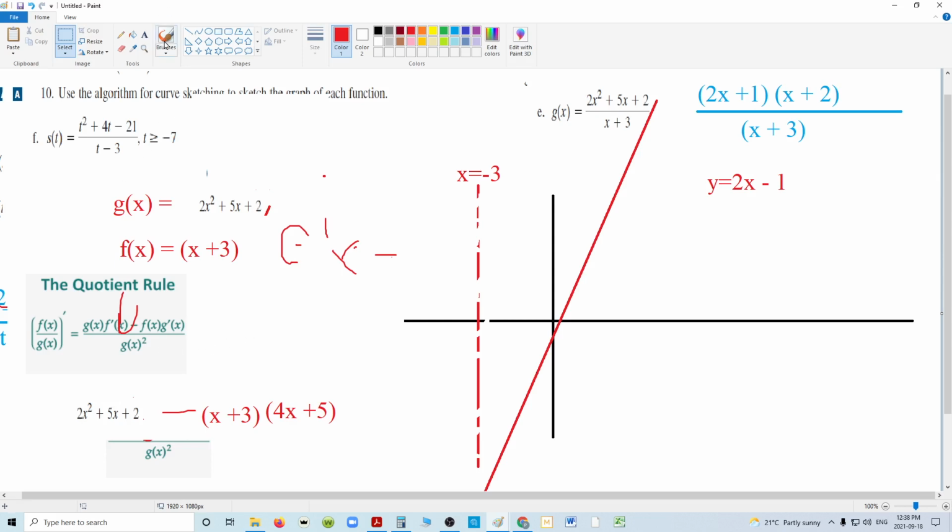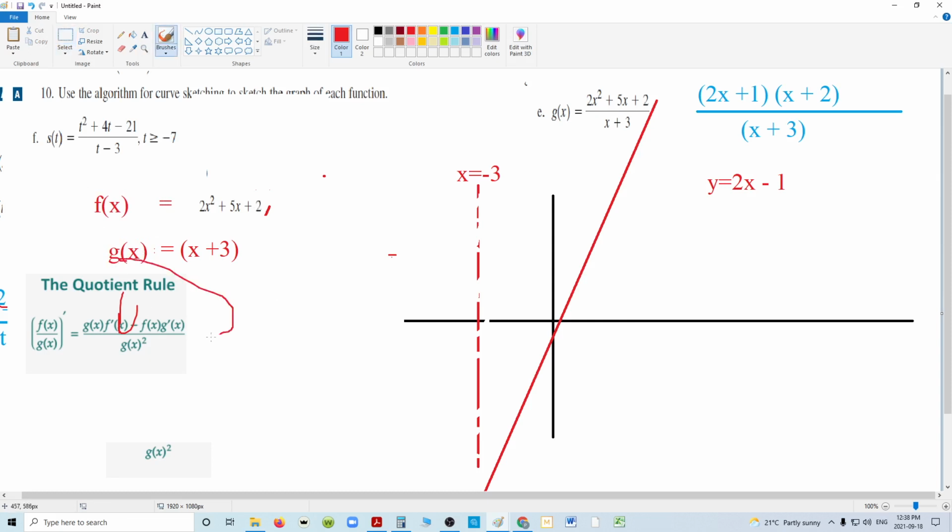Yeah, but in this case, the g of x is the... Oh, yes, we must do it in the proper order, by the way. So I made a little error there. This should be the f of x, and this should be the g of x. It does matter, because otherwise your symbols will not match. So in this case, you must make sure your g of x is indeed your denominator from the equation.